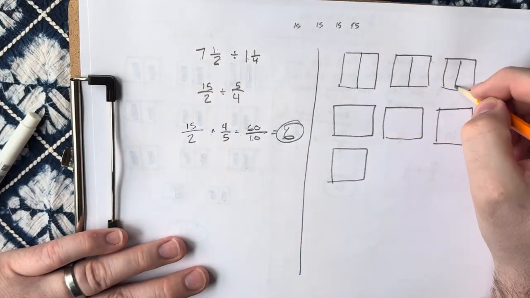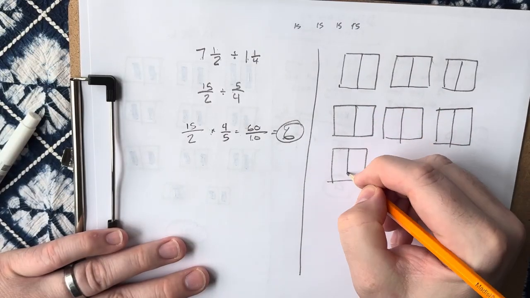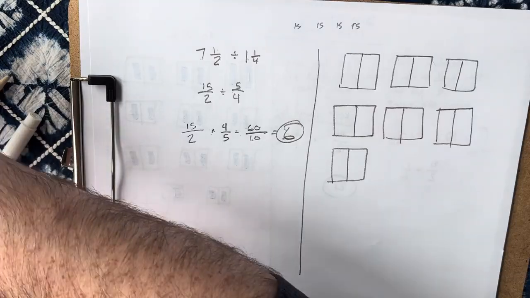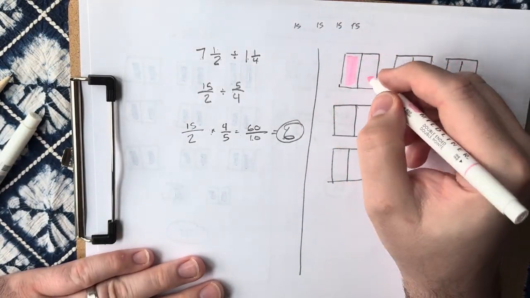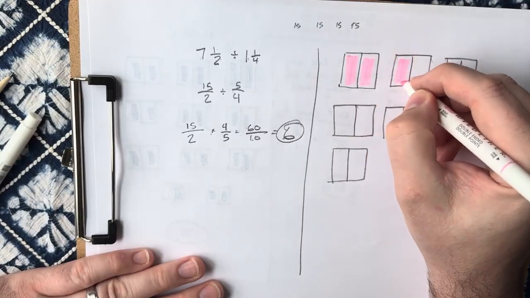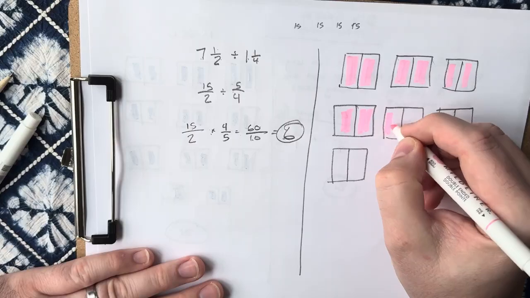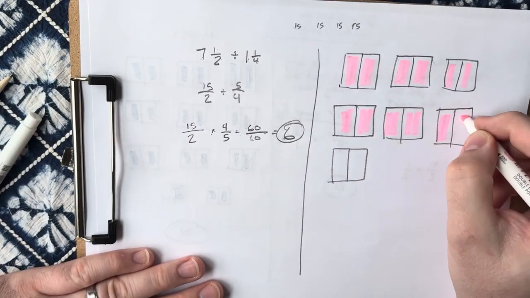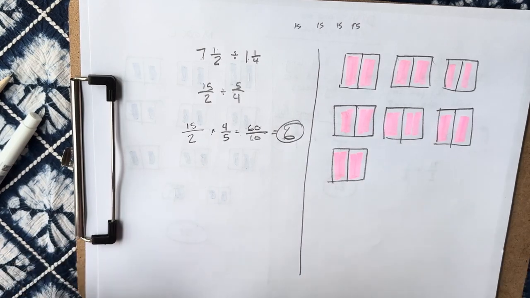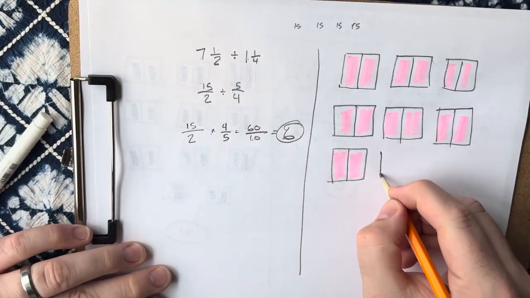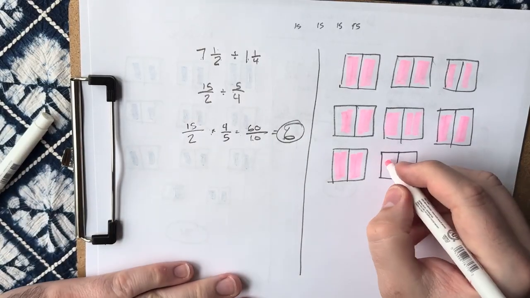Each of these get divided into halves, okay? All right, so we'll say 1, 2, 3, 4, 5, and we need our half, okay? Because 8 total figures.